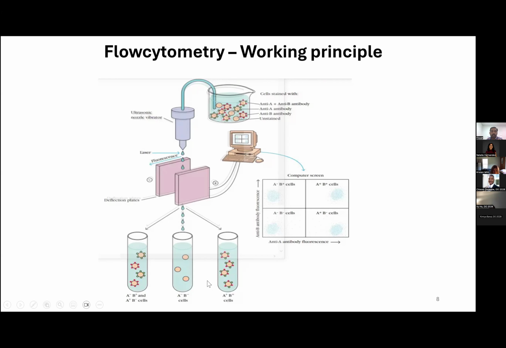So we will get four different populations of cells: negative for A and positive for B, double positive, double negative, as well as positive for A and negative for B. So in a simple experiment, we can sort four different types of cells. For example, if you are looking into two different antibodies, tag those two different antibodies with two different fluorochromes, and you will get four populations of the cells. Antibody A, antibody B, double positive, as well as double negative.